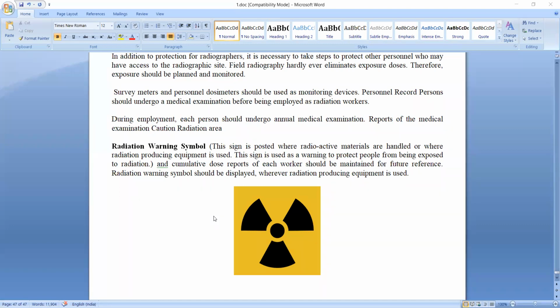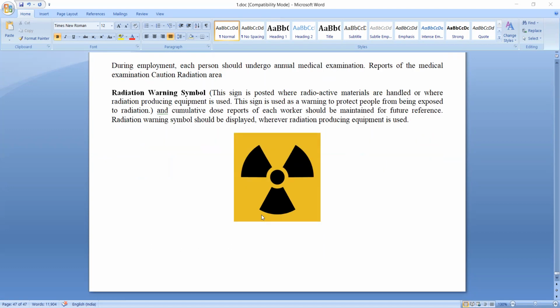Suppose you are going to work in some industry, and you see this kind of symbol, that represents there is a danger of radiation in that particular area, so you should be aware of that symbol and take care in that area, because otherwise there is a chance of exposure to radiation that may cause some biological effects in future. Okay, this is about radiography. This is the overview of radiography.